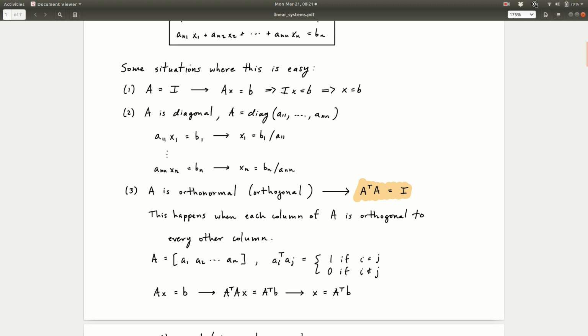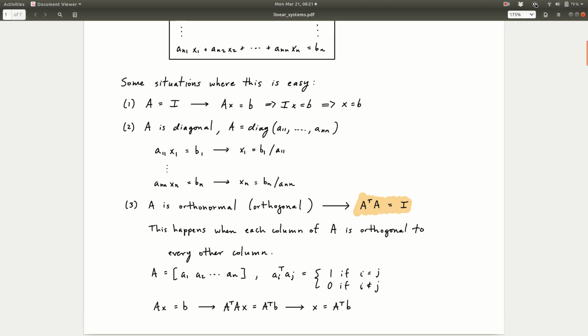Okay, so that's just the definition of orthonormal. By the way, orthogonal generally means that you get zeros if i is not equal to j, and you're allowed to have something not equal to 1 if you do Ai transpose times Aj. So the normal gives you the 1s. Okay, and we'll see an example of that in just a second.